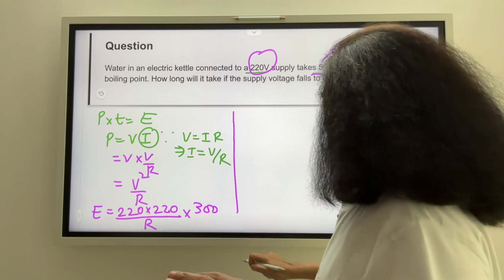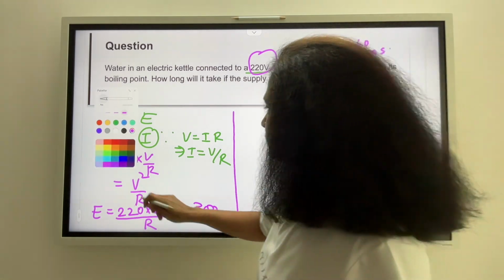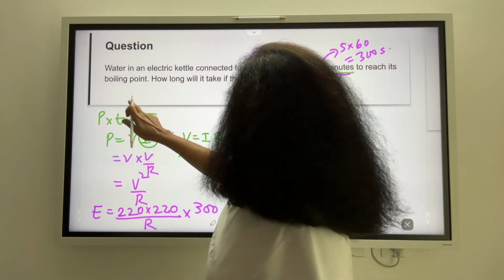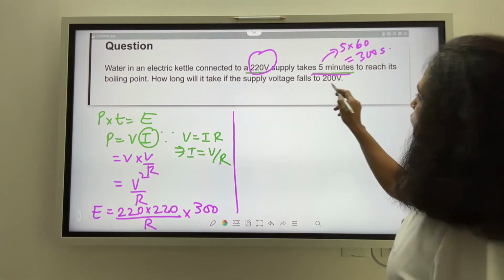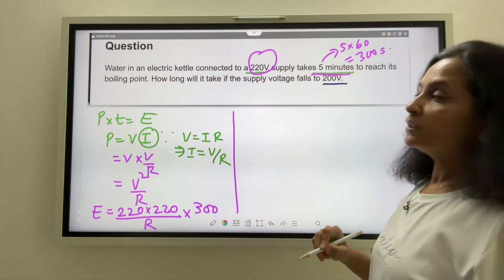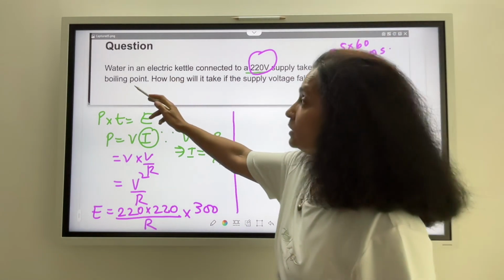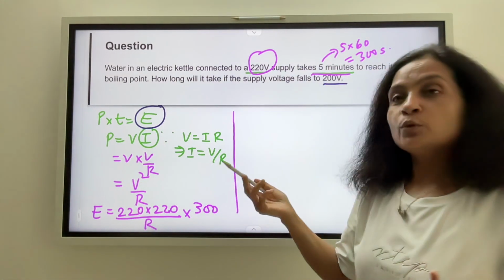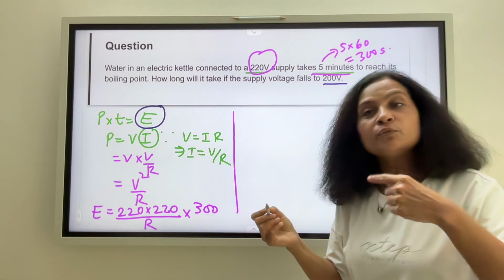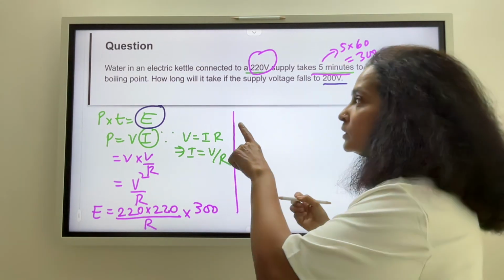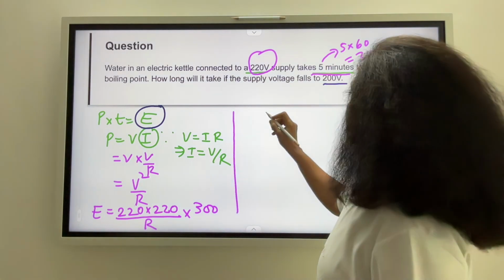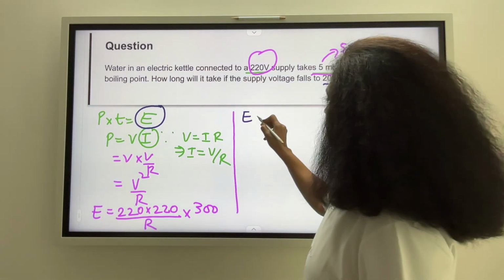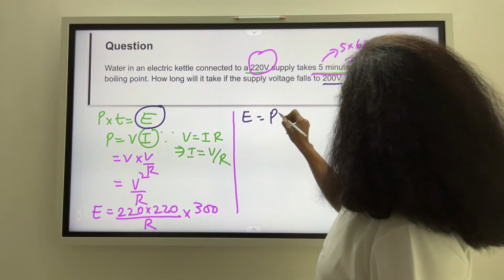अब दूसरे पार्ट में आ जाते हैं. So what does the second part say? Well, यहाँ पे हमारा voltage has dropped to 200 volt, but energy required remains fixed because I have to cause the water to boil. So the same amount of energy would anyways be required for it to be boiling. So energy is equal to power into time.